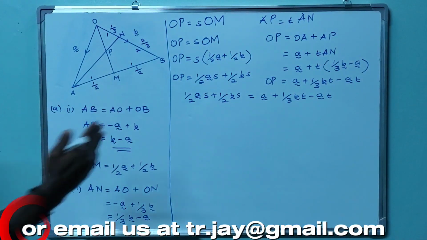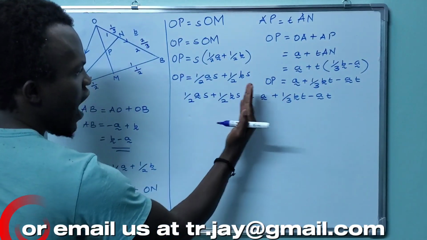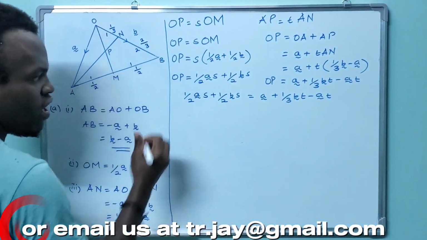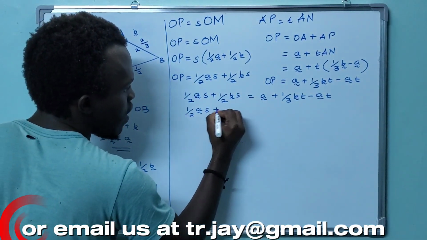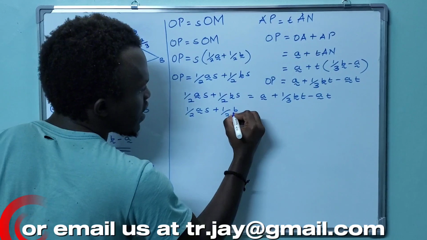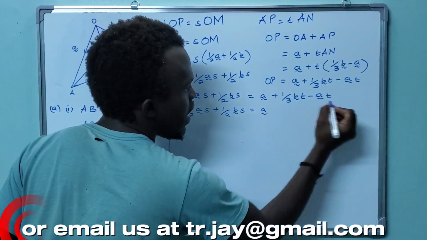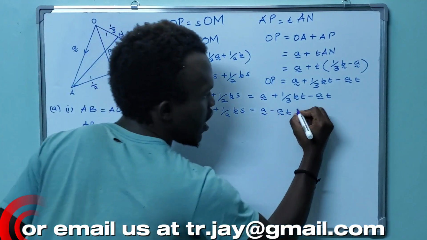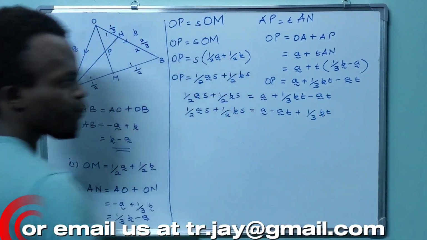Now, I'm going to arrange these two different equations, having A as the beginning one and then B at the end, the way this one is. So, I'm going to have this side a half vector A S plus a half vector B S being equal to vector A, then minus vector A T. I'm starting with A, then plus a third vector B T.